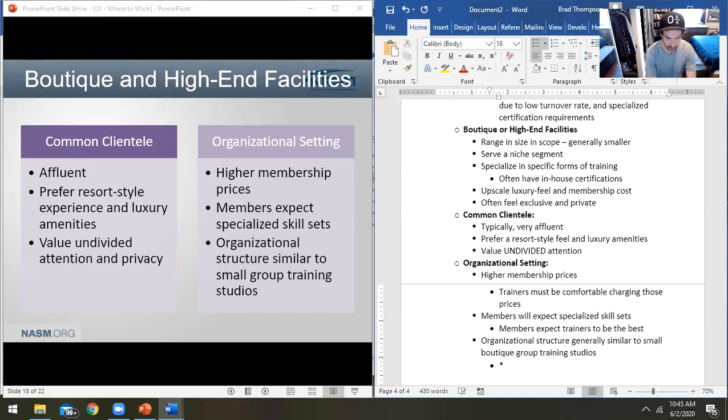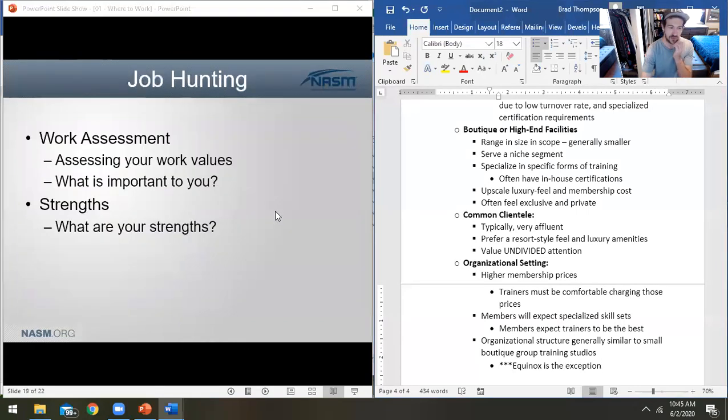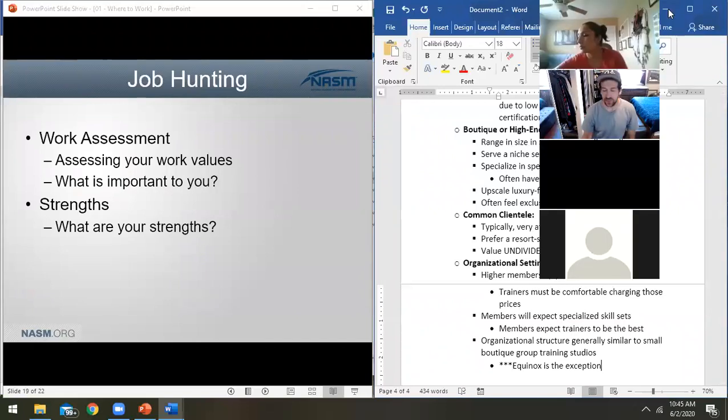So Equinox is the exception. Equinox is this really unique company. They have taken the best parts of 24-hour fitness and Golds and places like that. They've taken the best parts of that and used it in a boutique high-end setting.